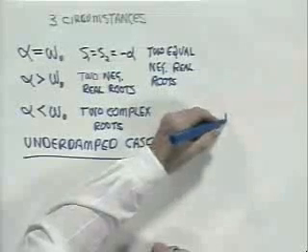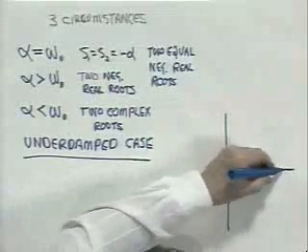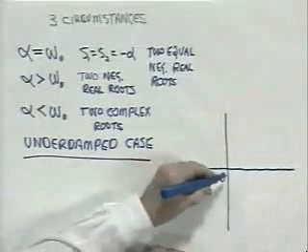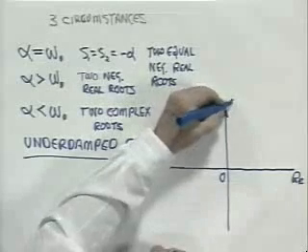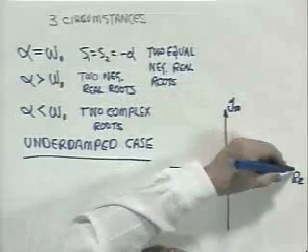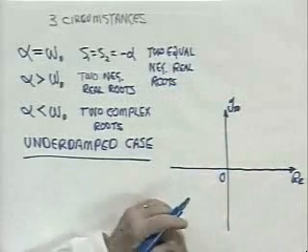The other two cases are not terribly complicated, but not overly interesting either, and we're not going to talk very much about those. Let me make one more comment about the structure of these roots, which may be helpful as you keep the several situations in mind. If we draw a complex plane, that is, if we imagine this as the real axis and this as the imaginary axis, so I can plot every complex number in this plane.